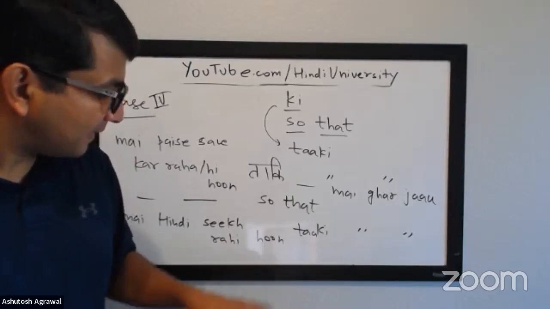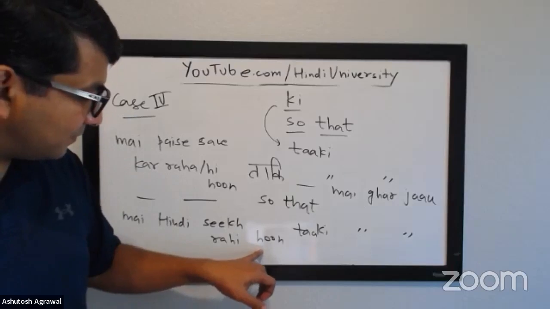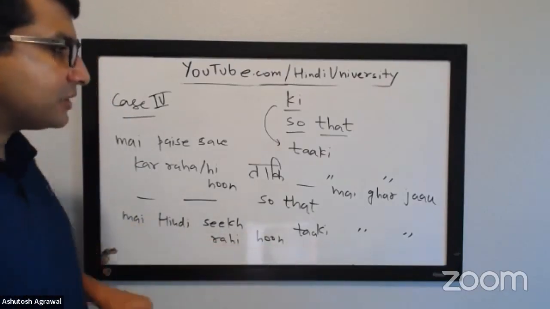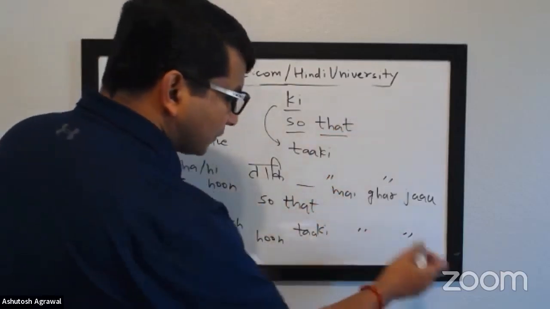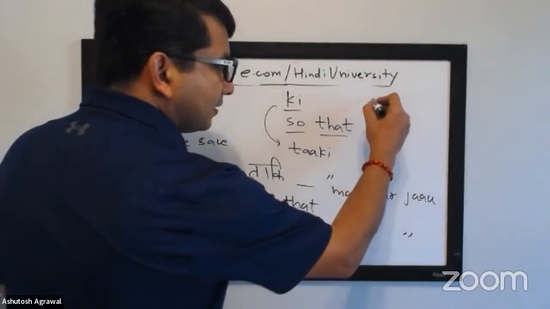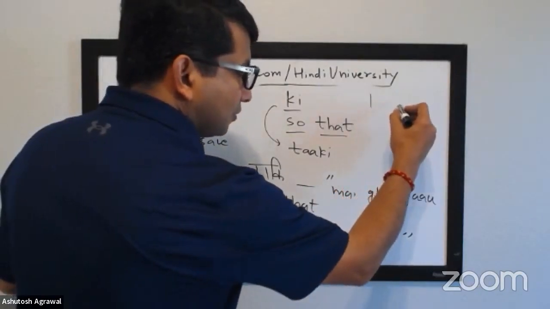So मैं खाना खाऊंगी. Okay. So the sentence is, let's say, what do you want to say in the next one? So that, so I can eat. I'm going home so I can eat.